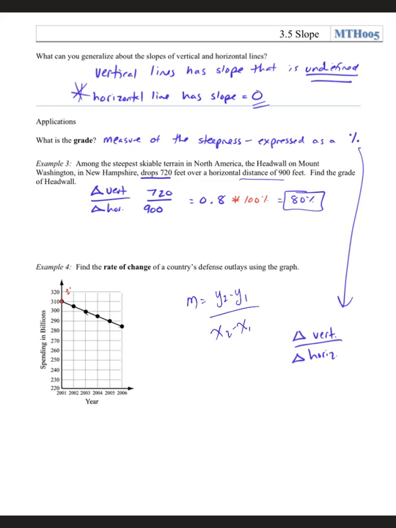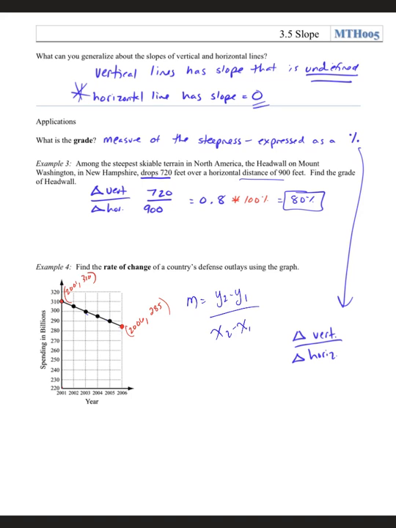So the x value is 2001, the y value is 310. So that's one of my points. And then I'm going to use the very last one here. So my x value is 2006. My y value kind of falls in the middle, and it looks like it'd be 285. If you didn't want to use one that fell in the middle, that's okay too.